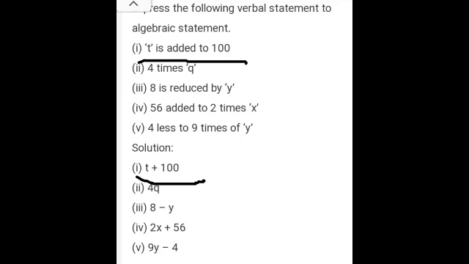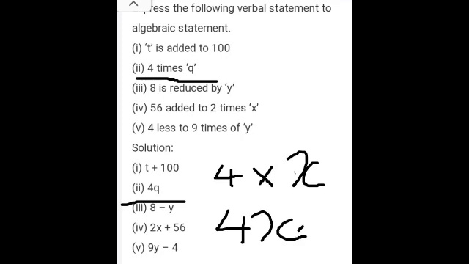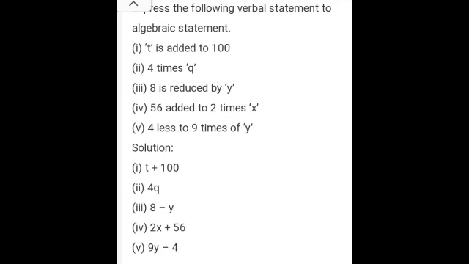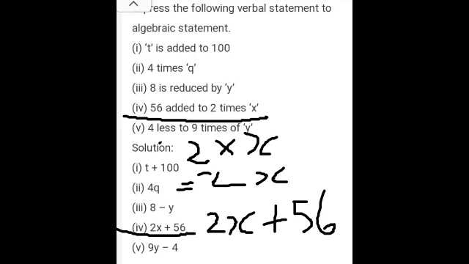So what is the algebraic expression here? t plus 100. Same way the second one is 4 times x. Times was used in which operation? Multiplication. We should use multiplication form for times. So 4 into x is equal to 4x. Now let me move to the fourth subdivision. 56 is added to 2 times x.